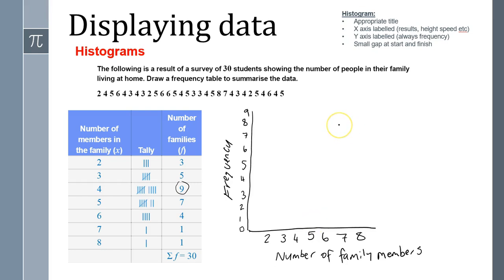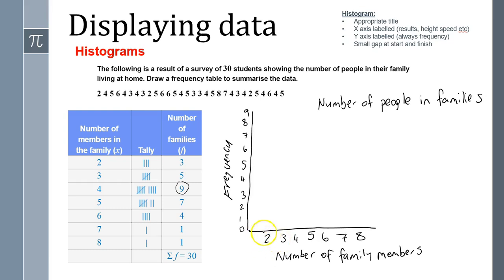We need an overall title, and I'm going to reread the question to get this. Number of people in families. Okay, so there's a bit of flexibility with that one. Just make sure it says something useful and it tells you what the graph is about.